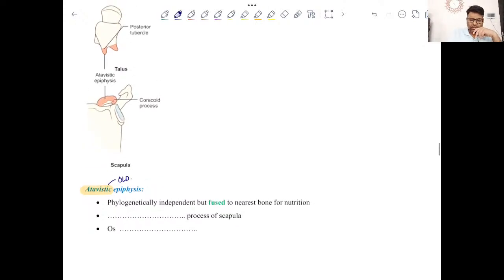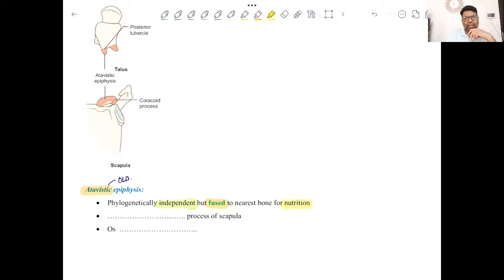So originally these epiphyses were separate bones, but then they attach to some nearby bones, and then they become a part of that bone, right? So phylogenetically, meaning in an evolutionary manner, they were independent, but later on they fuse to the nearest bone for nutrition.